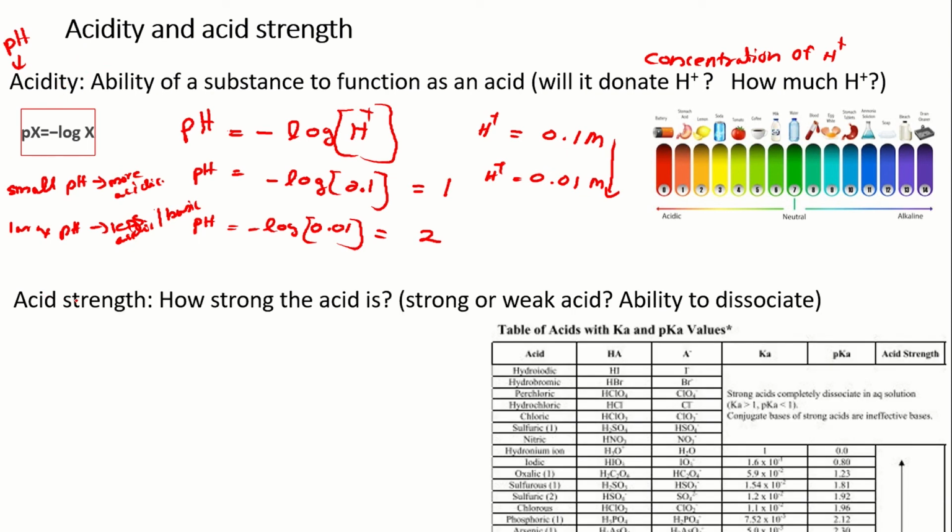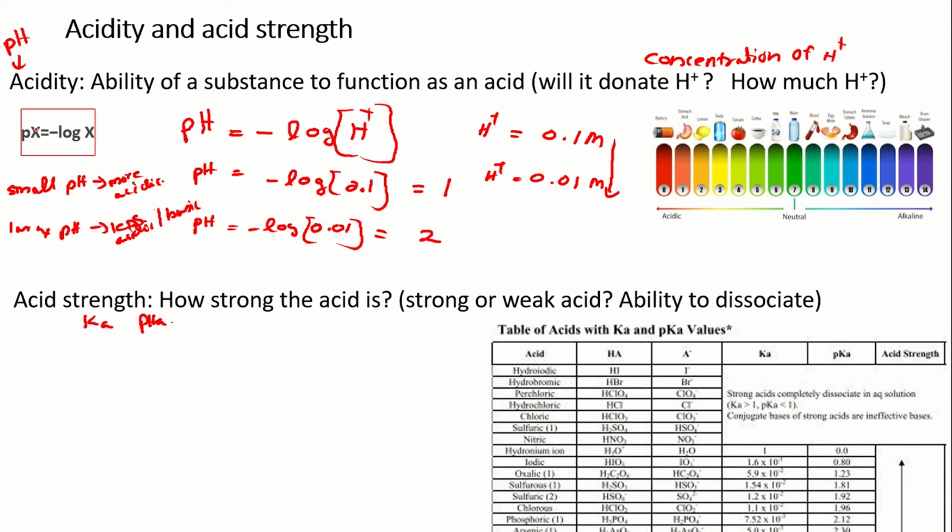And acid strength means how strong the acid is. Now this acid strength is reflected by the Ka or the pKa. You can use both of them interchangeably. Now let's see how you get pKa. Again, use the general formula.